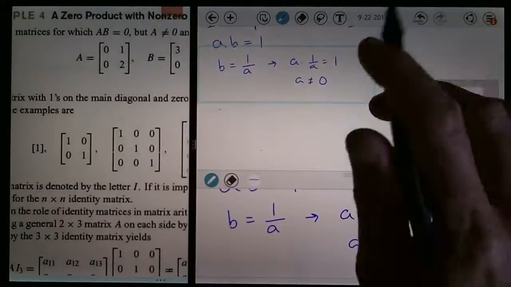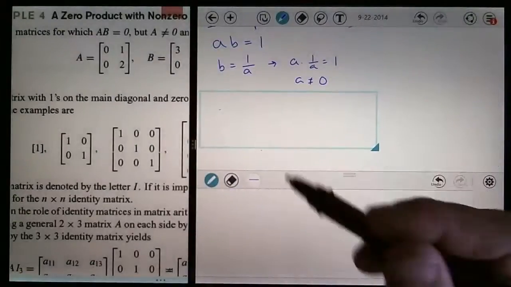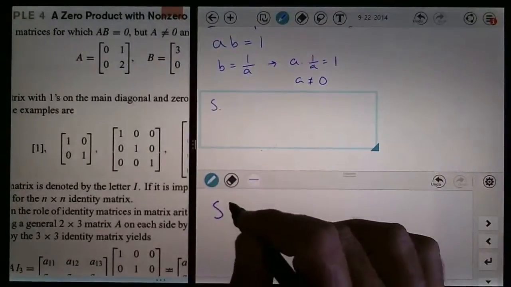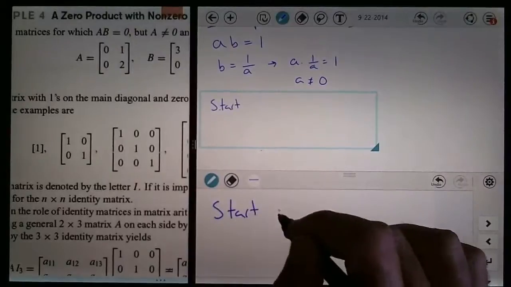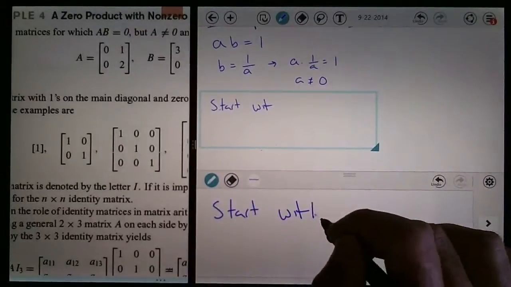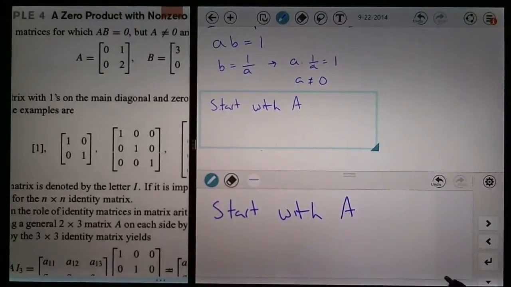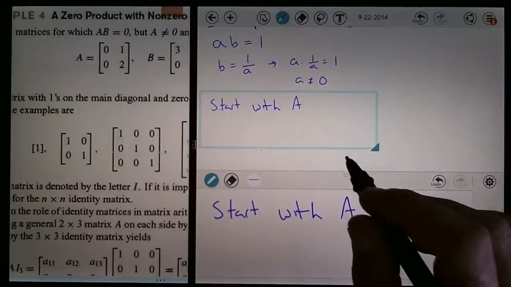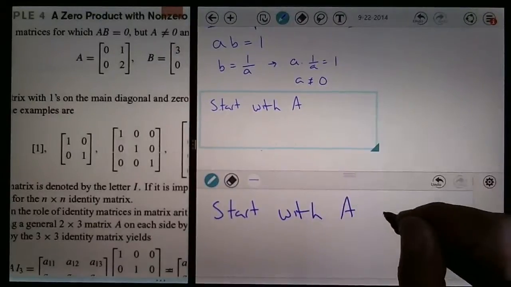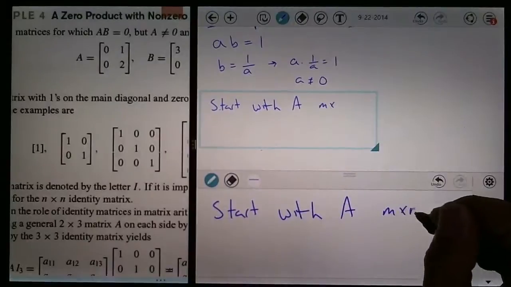So let me slide up a little bit here. I want to start with some matrix A. It doesn't have to be m by n. It doesn't have to be square, but it usually is square with the stuff that we're doing. But start with a matrix A. Let's just say it's m by n.